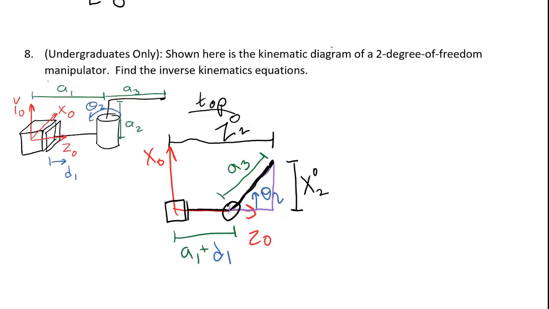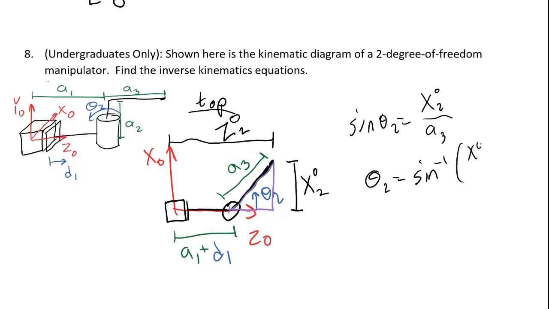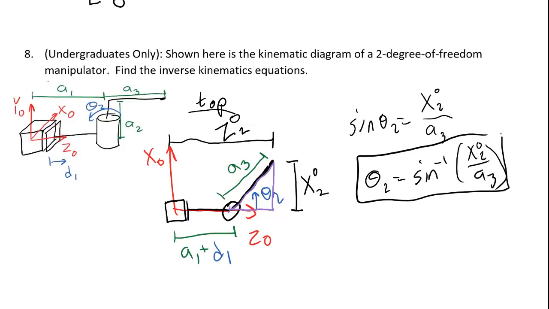We can use SOHCAHTOA to know that the sine of theta 2 is the opposite over the hypotenuse. The opposite side is the x position of the end effector, and the hypotenuse is A3. So we could solve for theta 2 right away here. And that's one of our equations. I'm going to box this and call this equation 1.